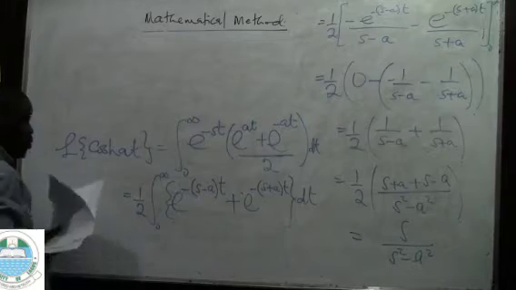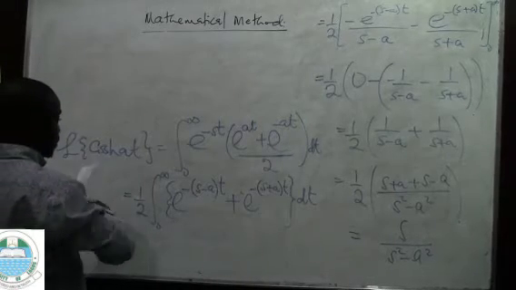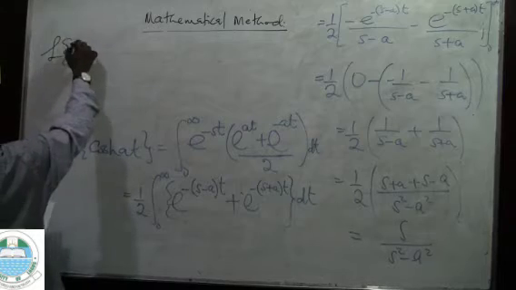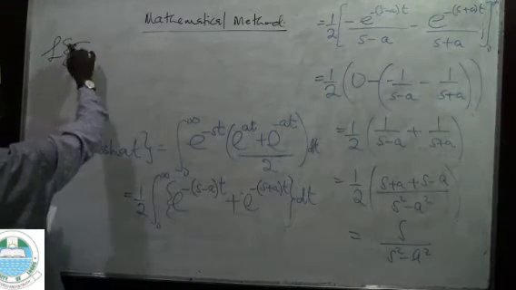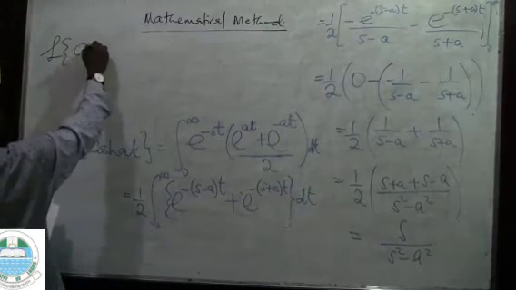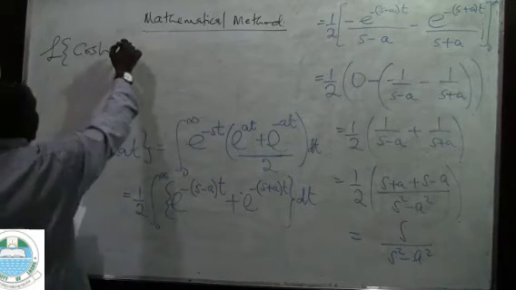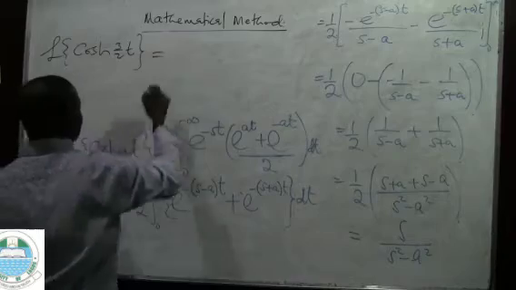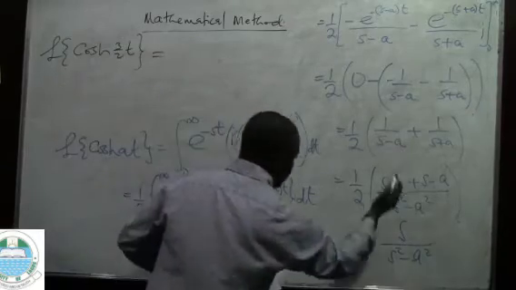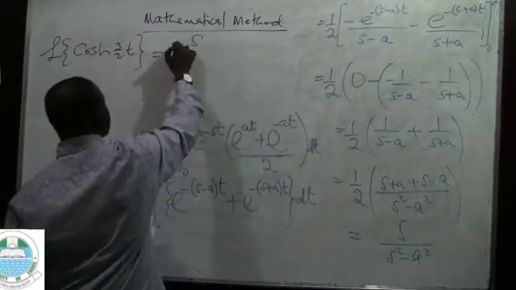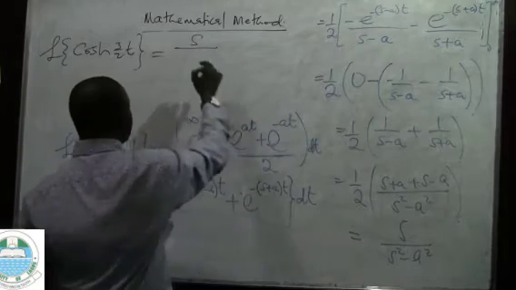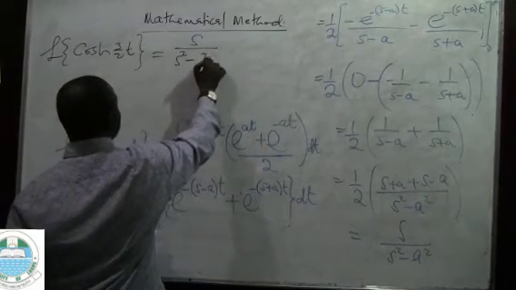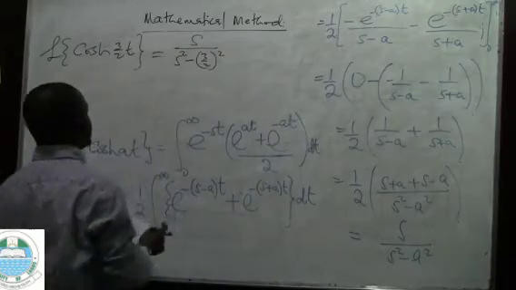As an example, let us take the Laplace transform of, say, cosh of 3 divided by 2 t, and that gives the parameter at numerator s divided by s squared minus (3 divided by 2) all squared.